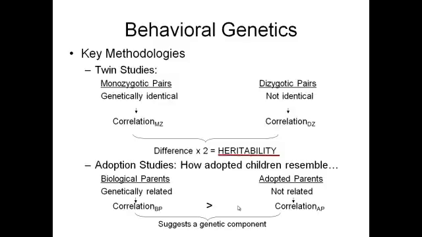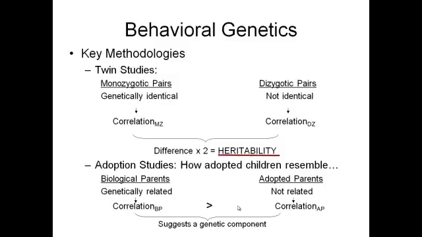For example, to measure their extroversion, you might find a pretty strong correlation for the identical twins, maybe about 0.8 or 0.9 in terms of how extroverted they are. Maybe they both share that particular characteristic. On the other hand, for the dizygotic twins, maybe the correlation is only about 0.3 or 0.4. Certainly correlated, but not nearly as high as it would be for the identical twins.